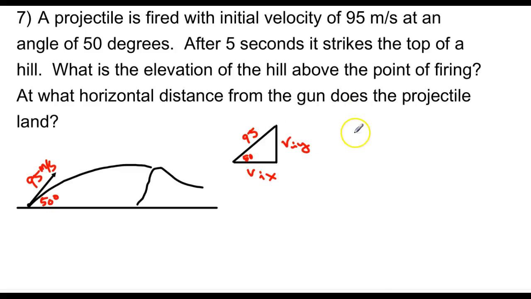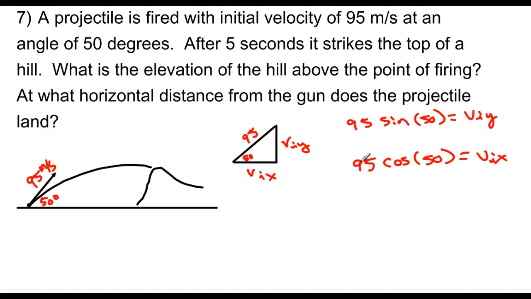And we know from other examples we've done that if we take 95 times the sine of 50, we get the velocity in the y direction. If we take 95 times the cosine of 50, we get the velocity in the x direction. So make sure your calculator's in degree mode.